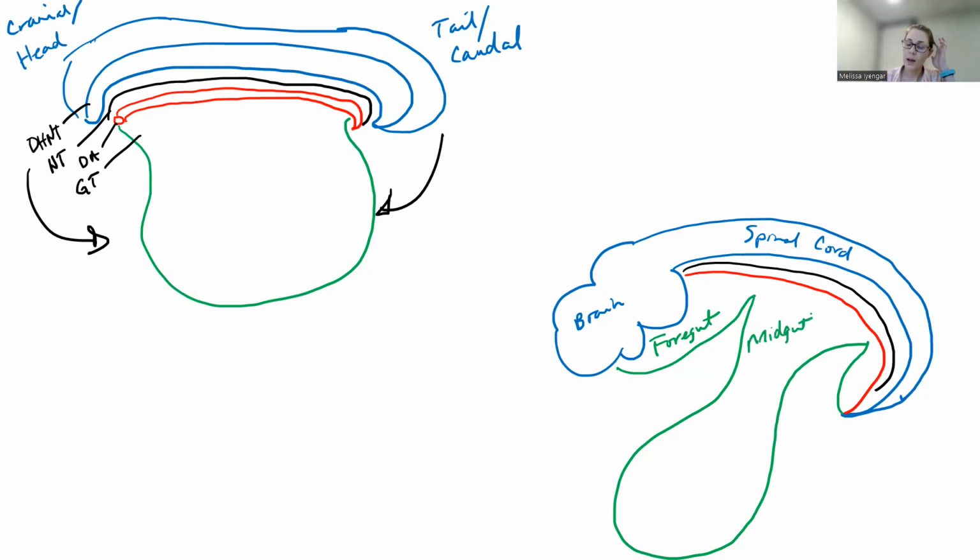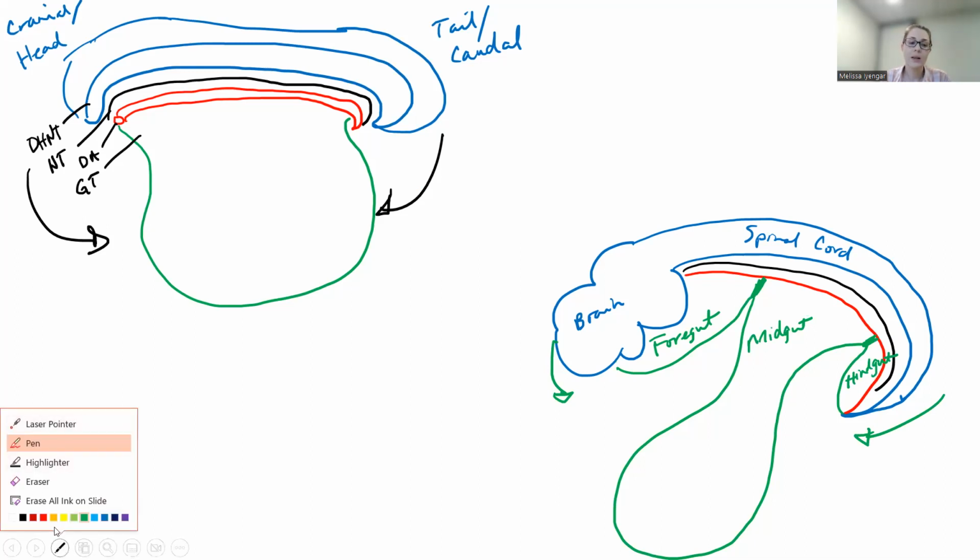The midgut is going to go from the small intestine to parts of the large intestine. What those parts are right now is a little less important. Just know foregut and midgut. So the head bending creates this little partition or division between the structures of the foregut and the structures of the midgut. As the tail bends, it creates this little partition or division between the hindgut and the midgut. Why is this important?